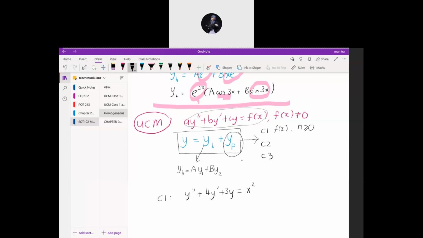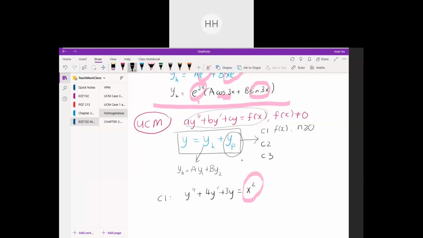The second reason: it equals fx, not equal to 0, because your fx is non-zero, x square, a polynomial of degree 2. Okay, so that is the reason.